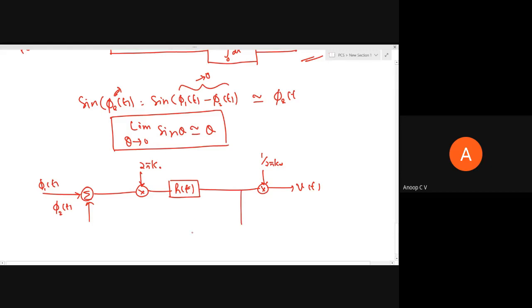And here, instead of VCO, we have an integrator, integral 0 to t. So this is the linear model of PLL. This is the basic idea of PLL.